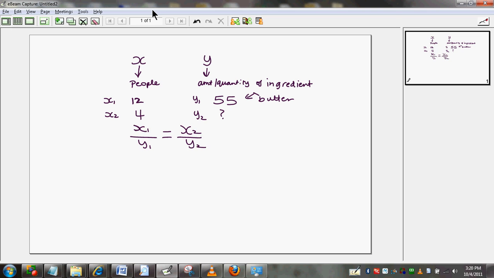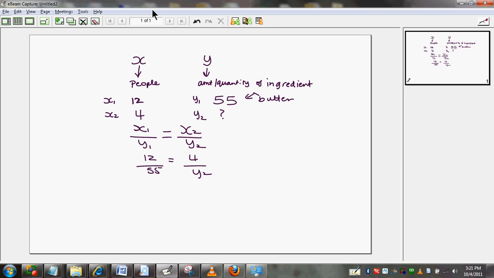That's the relationship we learned. Okay? So we just put that information in there. X1 will be 12 over Y1 will be 55, and that's equal to X2, which is 4, over Y2, which will be unknown. And then you could solve that relationship by doing your normal cross multiplication.